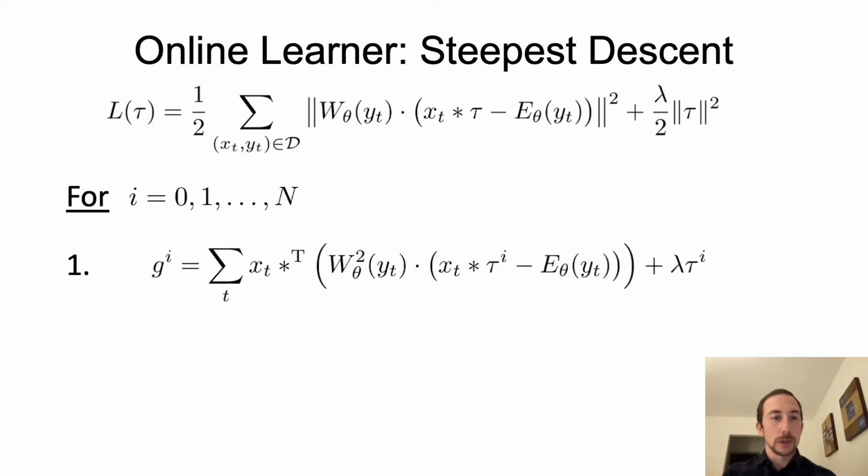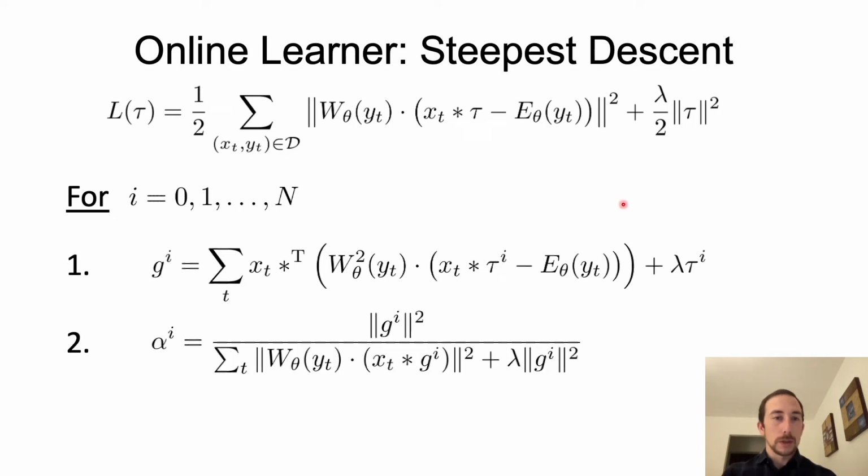Okay, so for each iteration, first we compute the gradient of this objective. And this we can implement by some transpose convolutions, otherwise it's just multiplication, standard convolutions, and so on. So quite simple stuff. Next we compute the optimal step length.